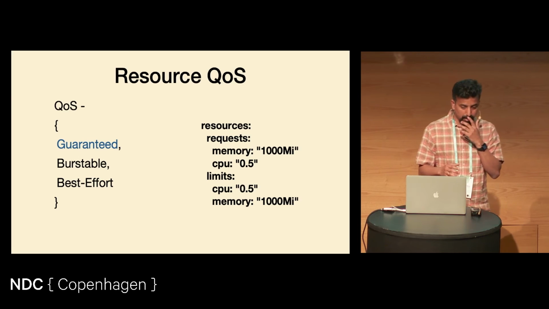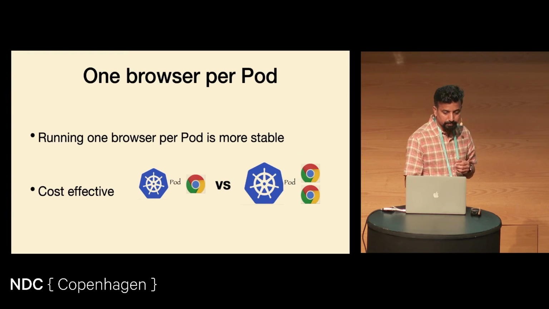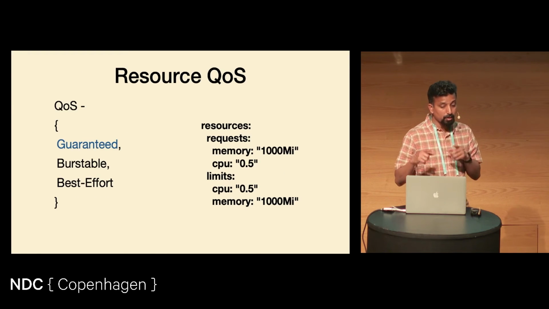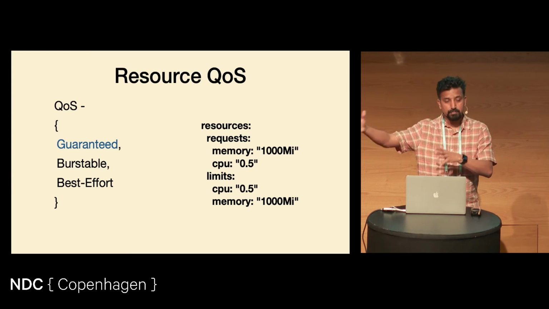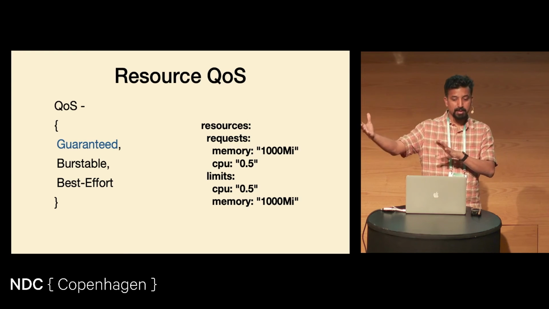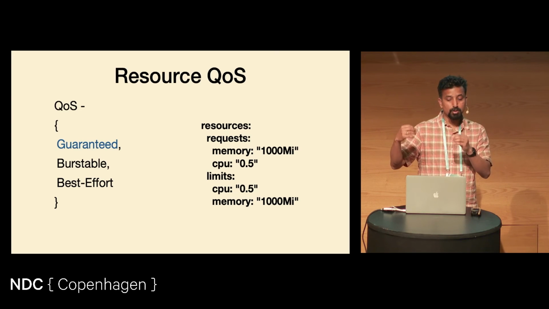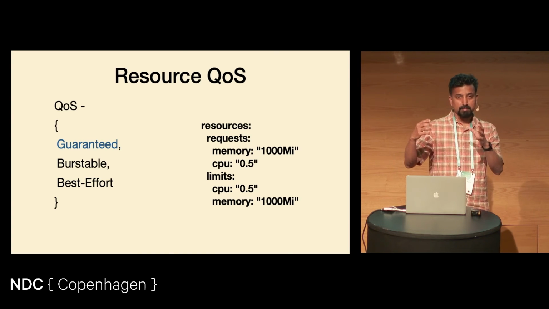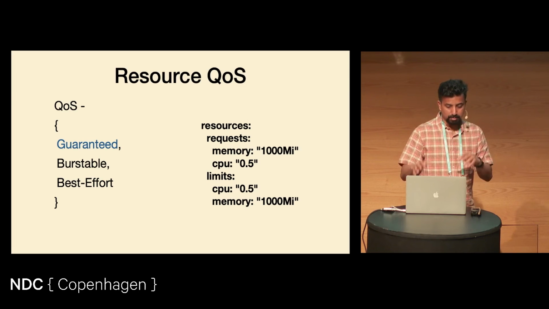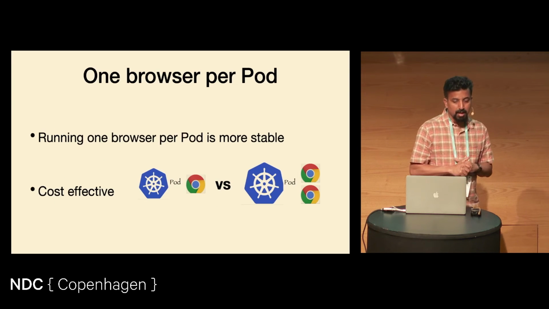So this is an important thing to understand. But it's not always the case for different applications. For Selenium Grid, it's true, but for different applications, you may not want to set the limit because it may be resource intensive and other things. So this is just for Selenium Grid.